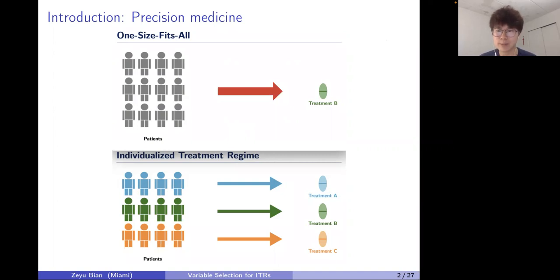Perhaps this treatment B is the cheapest, or it has the best performance on the overall population. In the second graph, we have this individualized treatment regime. Basically, we assign treatment according to patients' characteristics. For those blue patients, we assign treatment A, and for those orange patients, we assign treatment C.